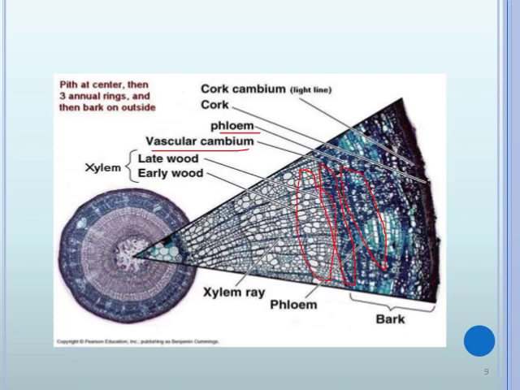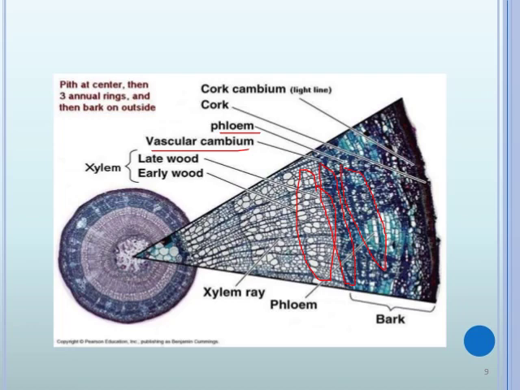But this vascular cambium divides, because this vascular cambium consists of meristematic cells, so they have the capability to divide. So after division, this vascular cambium produces secondary phloem and secondary xylem.